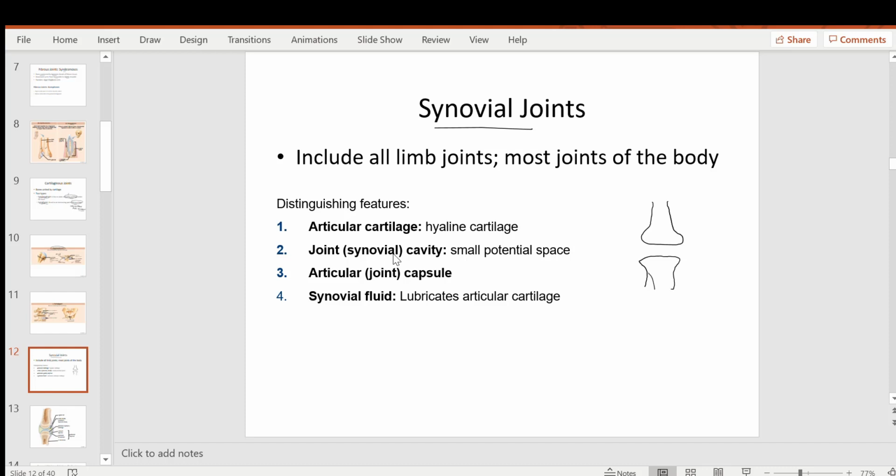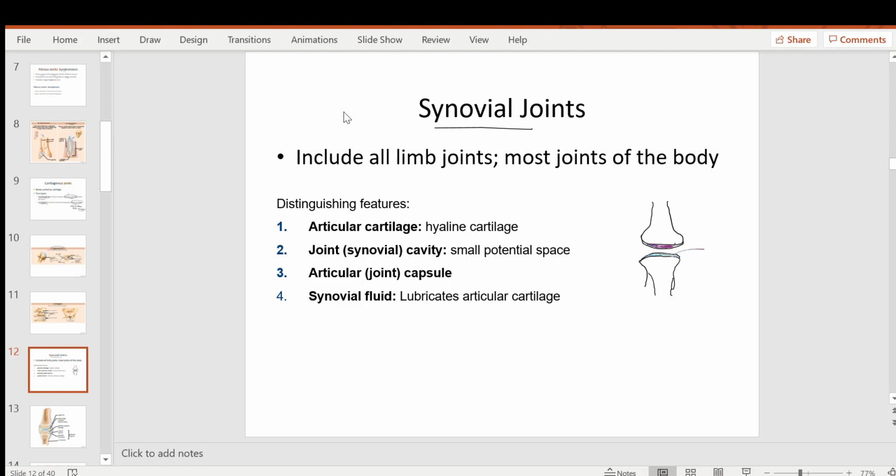So these are two bones, and in a synovial joint you'll see the bones that form the joint. The end of the bone is covered by hyaline cartilage. So this is the covering hyaline cartilage here.